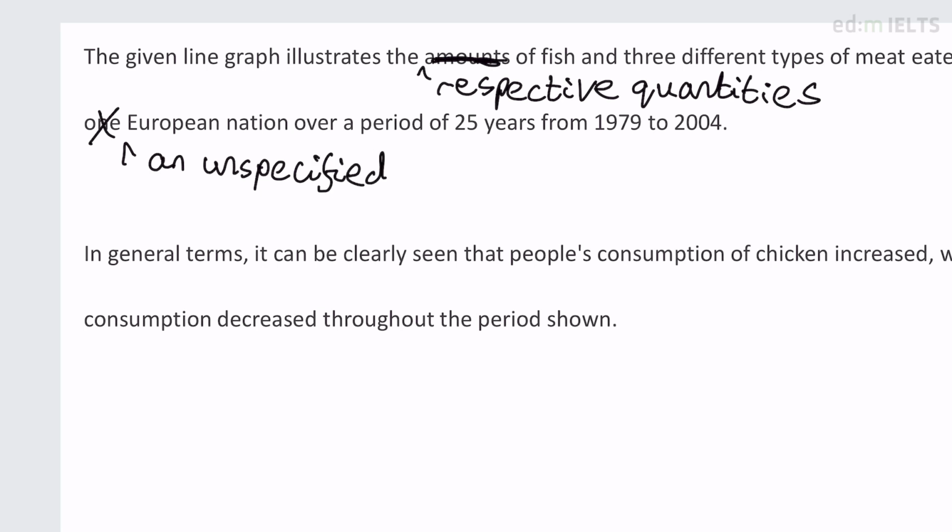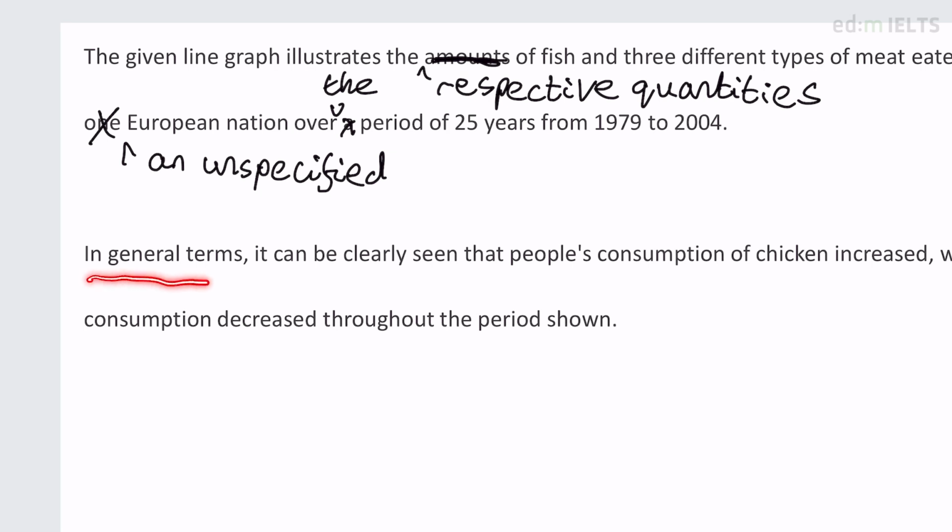An unspecified European nation over, I'm going to say the period of 25 years from 1979 to 2004, because it's a specific one, like the period spanning the years 1979 to 2004. We could just say over a period of 25 years, but we're defining it. So when we define things, we usually use the specific period between that year and that year.